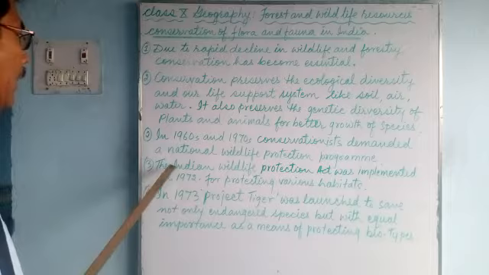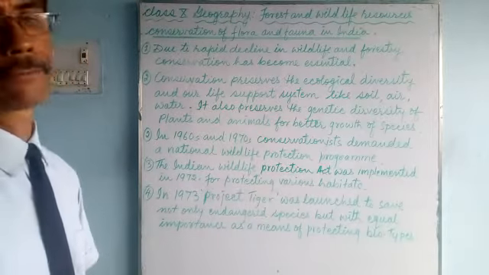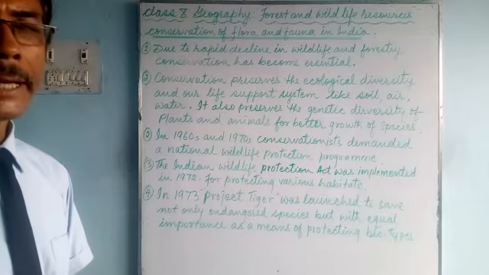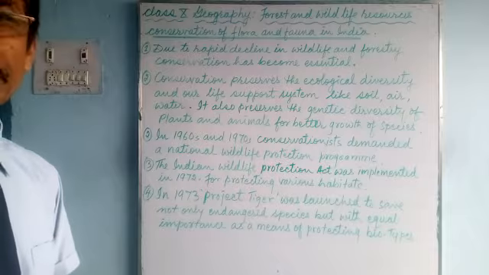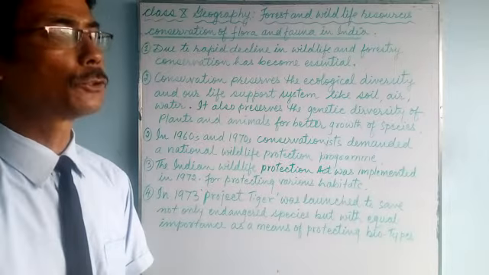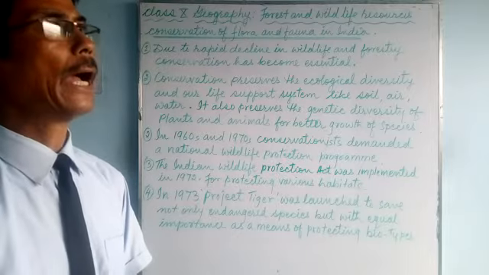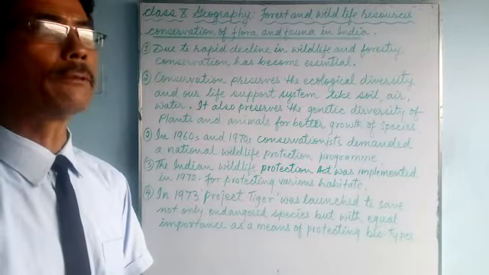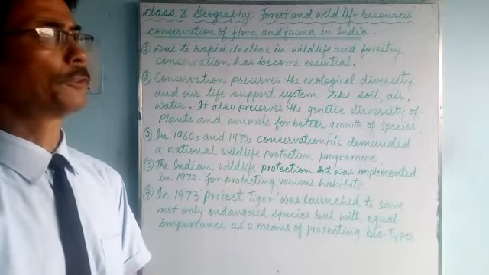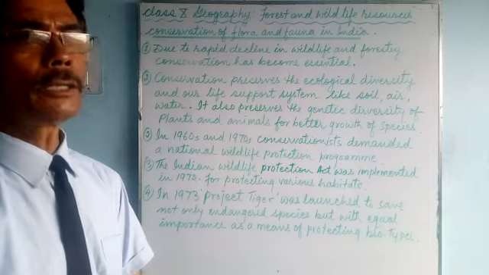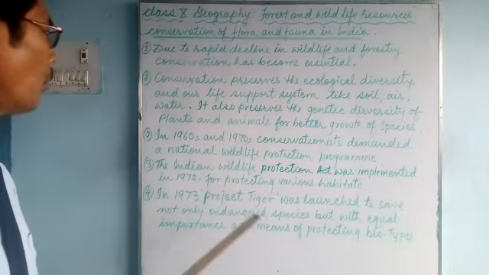Number three, the Indian Wildlife Protection Act, a rule was made and implemented in 1972. In 1972, the Forest Wildlife Act was implemented and people were not allowed to kill animals or hunt animals just for fun, for sports, or even for eating or for survival. Not allowed. No more hunting.